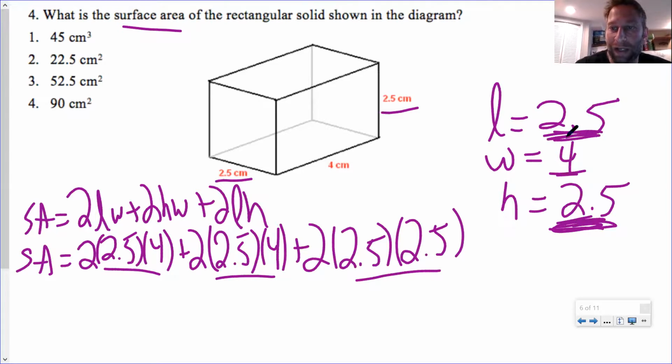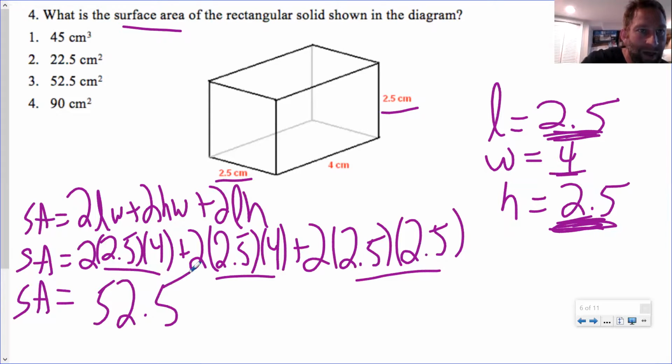So everything's fine, you did it correctly. From here, I just type that into my calculator. 2 times 2.5 times 4 plus 2 times 2.5 times 4 plus 2 times 2.5 times 2.5. I got 52.5, choice 3, I'm done.